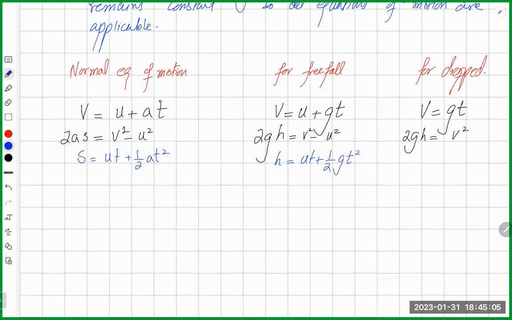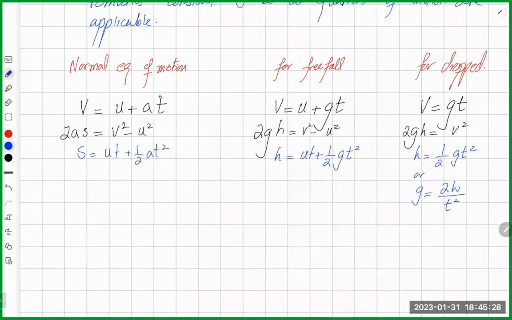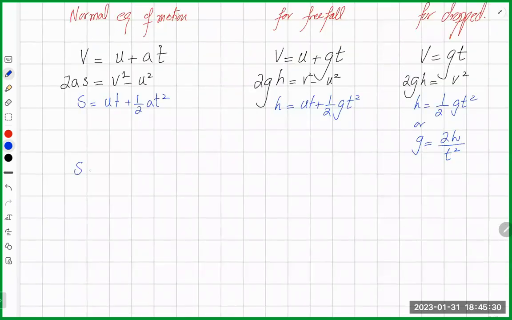And if initial speed is 0, then h equals half gt square, or g equals 2h over t square.